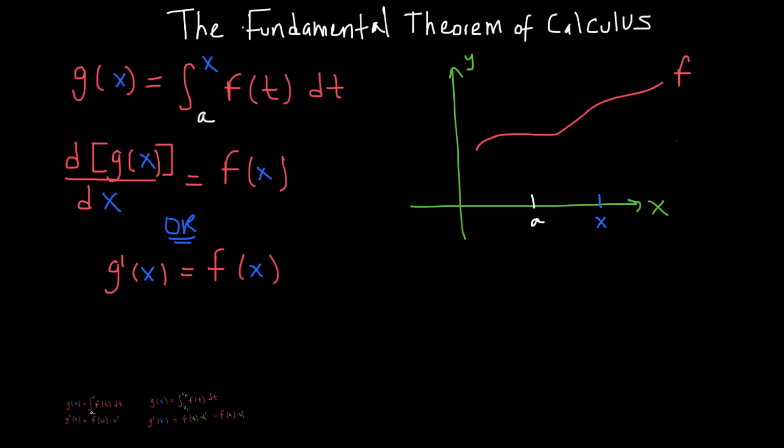Then let's think about what this integral is trying to tell us. The integral from a to x, based on what we've seen so far in class, is the area under the curve, isn't it? It'd be the area from a to x.